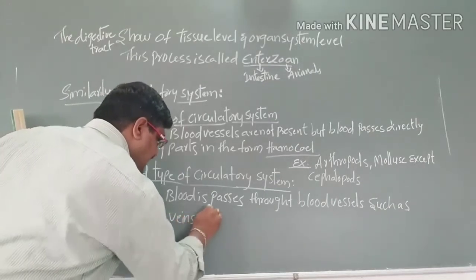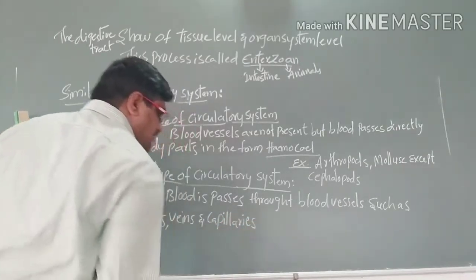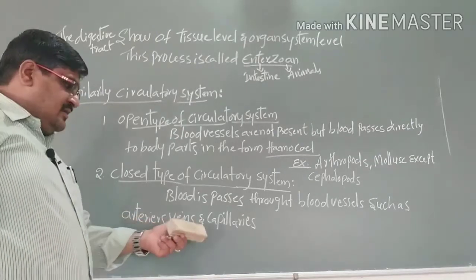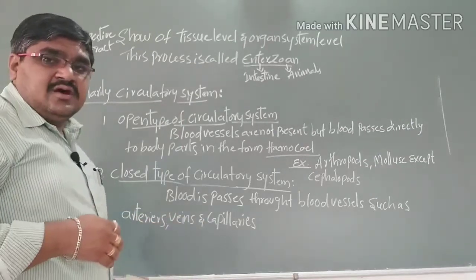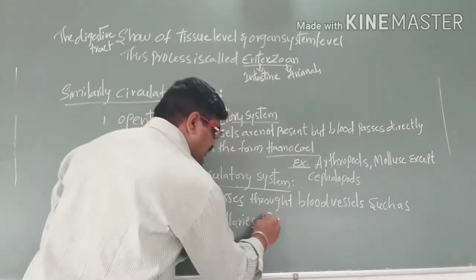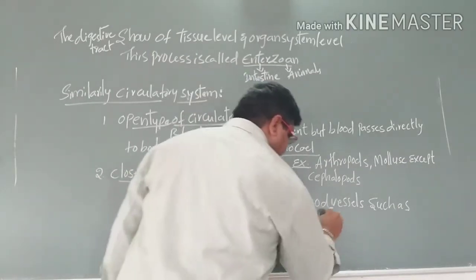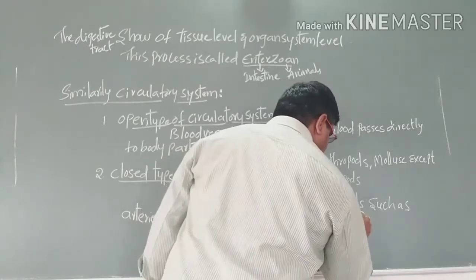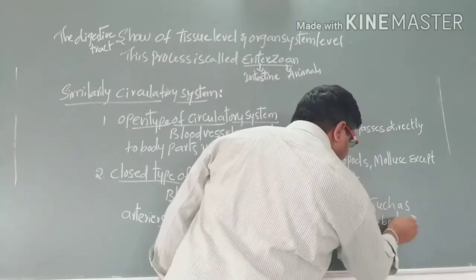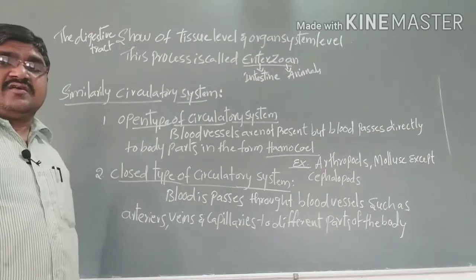Through the blood vessels, the blood passes to different parts of the body. Such a circulatory system we call the closed type of circulatory system.